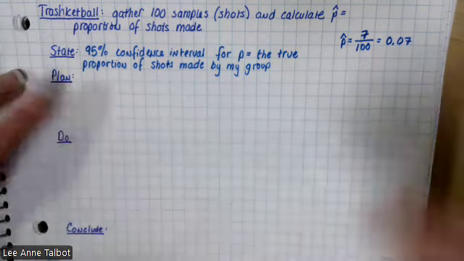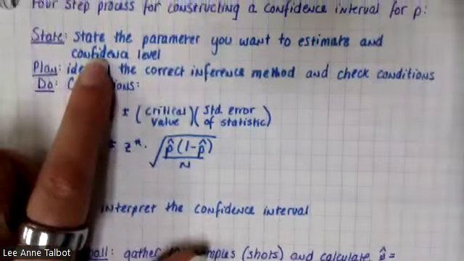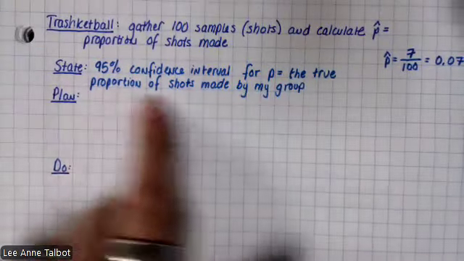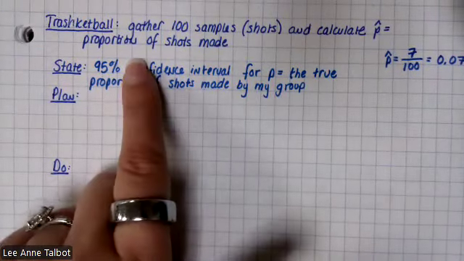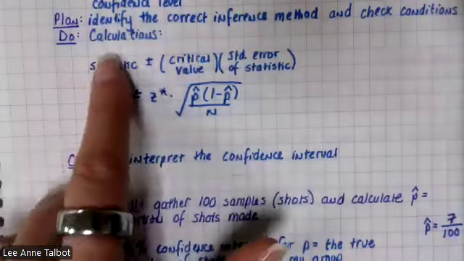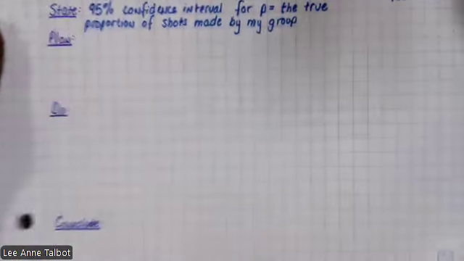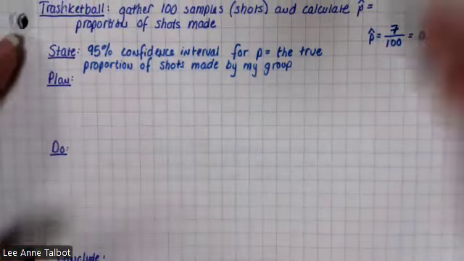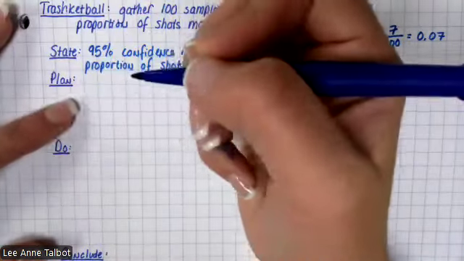So, the 4-step process on an FRQ: State the parameter you want to estimate and the confidence level. I stated the parameter I wanted to estimate and the confidence level. Now plan: identify the correct inference method and check conditions. The inference method we're using in this one is called a one-sample z interval for p.